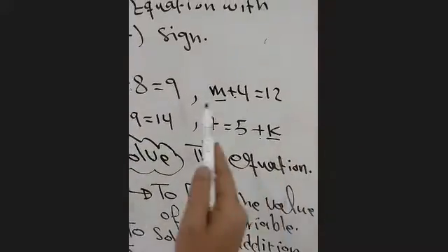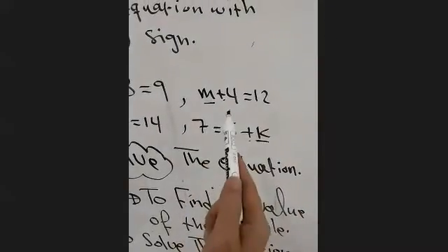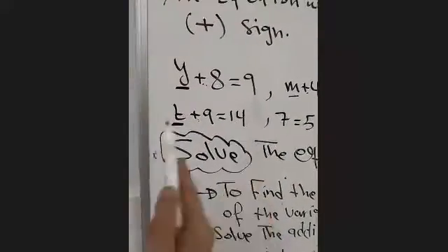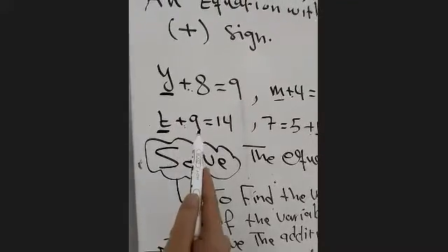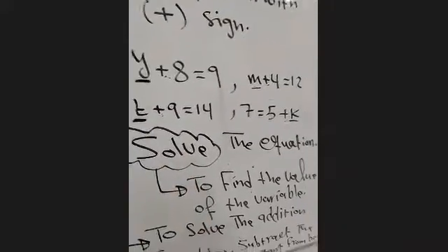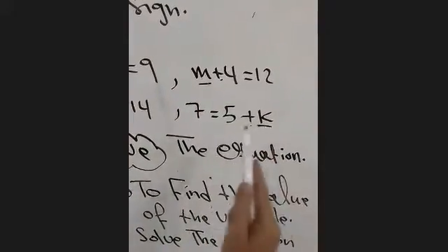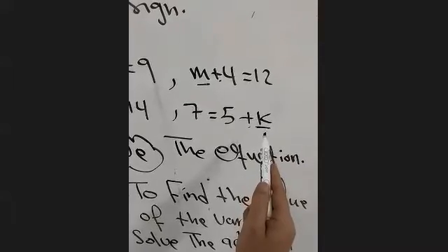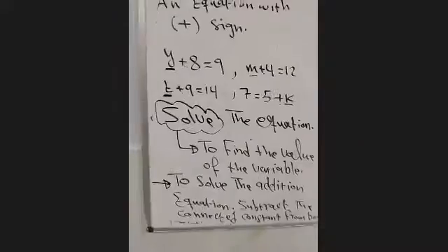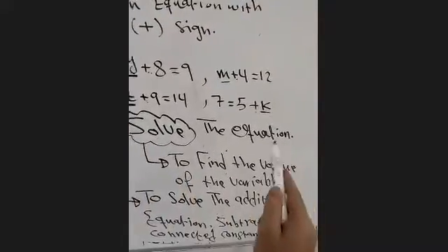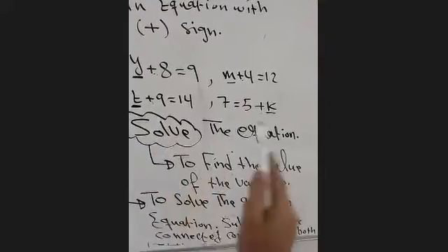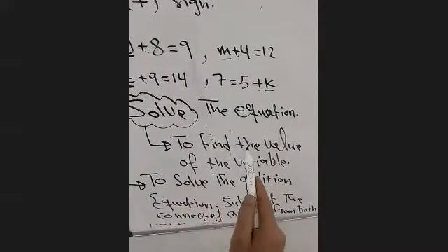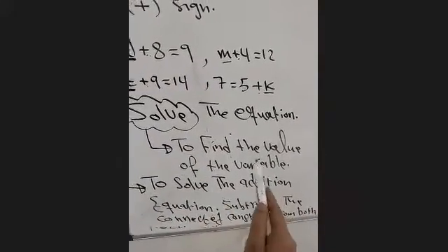Here, what's the variable? m. The connected number? 4. Here, the variable? t. The connected number? 9. The variable? k. The connected number? 5. Now, what's the meaning of solving the equation? The word solve means to find the value of the variable in the equation.